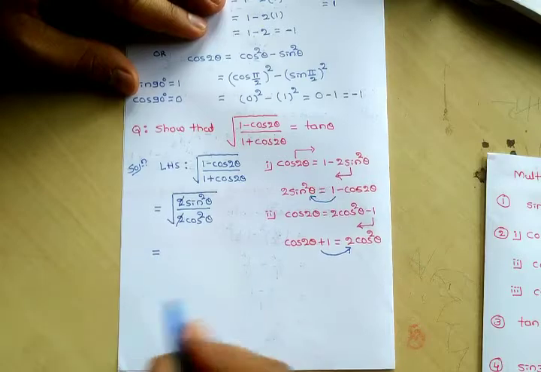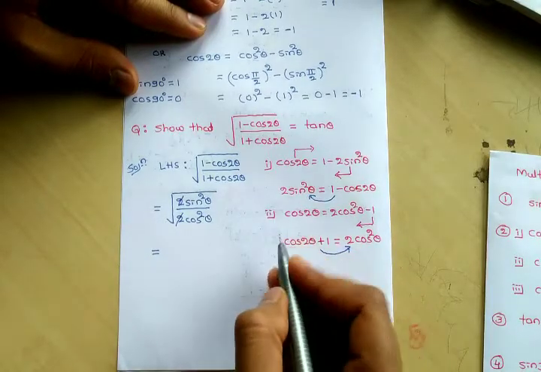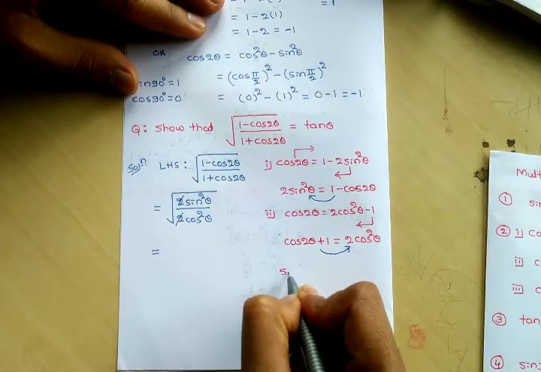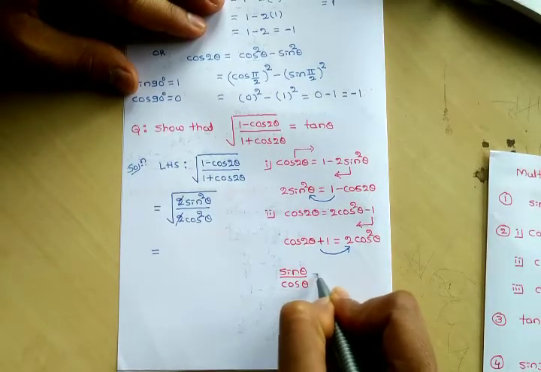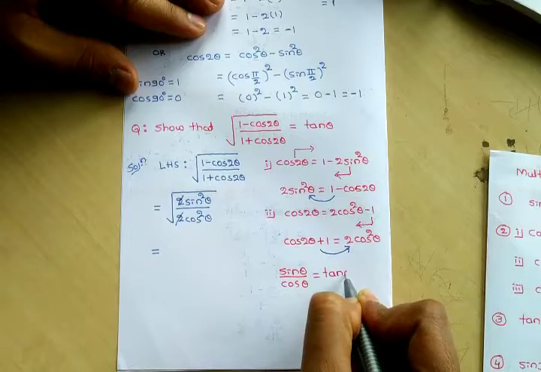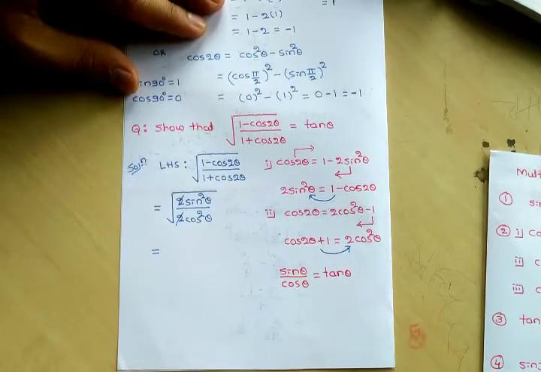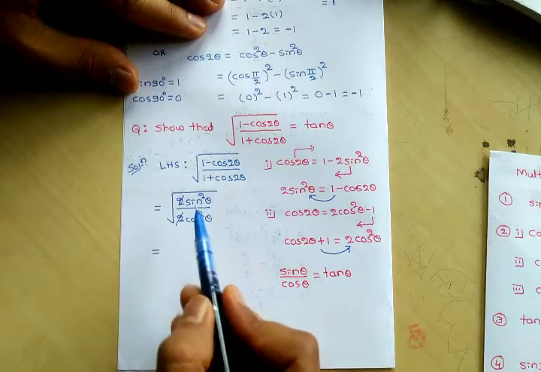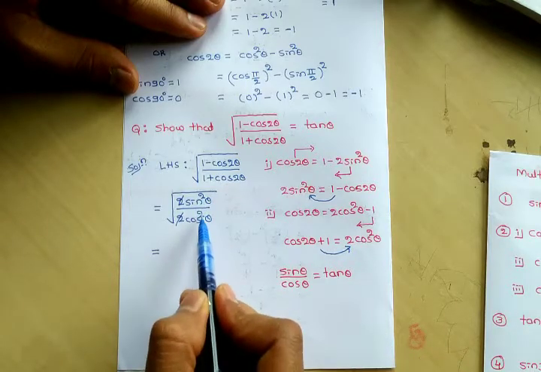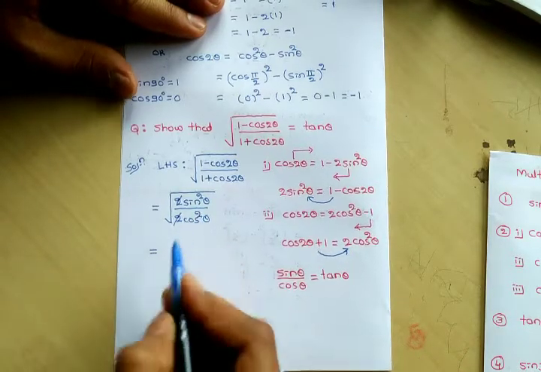So which is equal to, again in trigonometry you know this formula, sin theta divided by cos theta is nothing but what here? Tan theta. Correct? Sine by cos is nothing but what? Reciprocal relation, tan theta, but here sine square divided by what? Cos square. Both the powers are same.